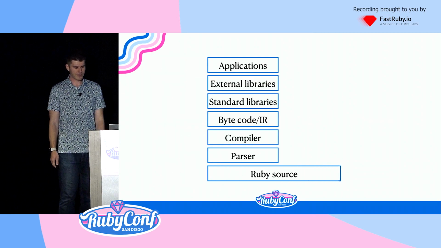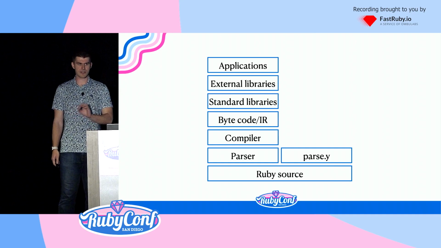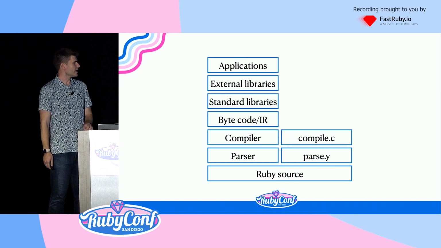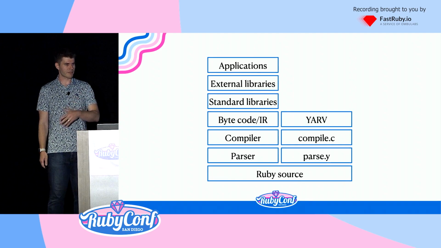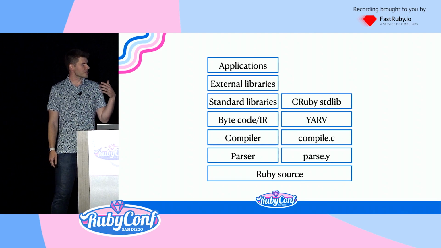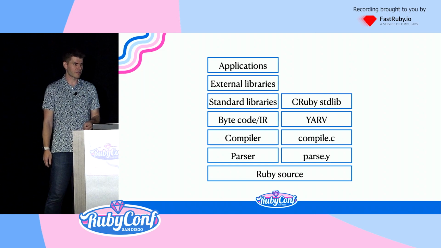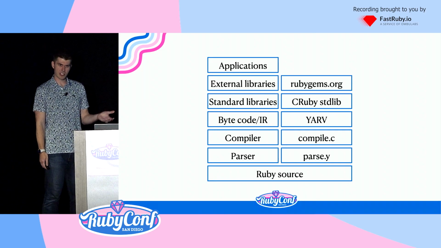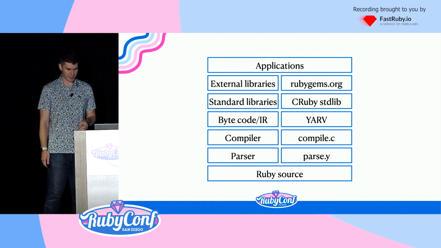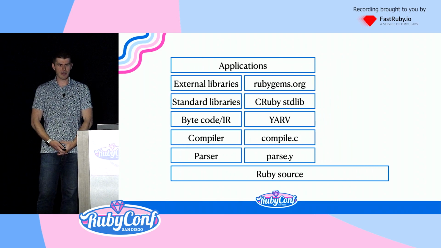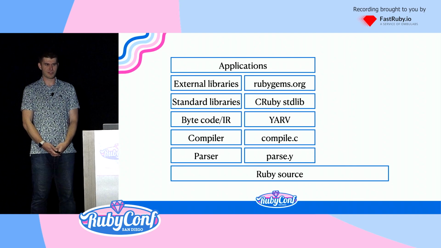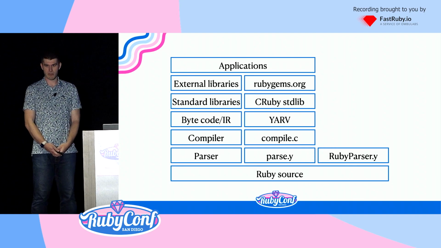OK, let's fill this in for CRuby. So parse.y is the current parser for CRuby. Then it passes through compile.c. This builds YARV instruction sequences, which fuel the standard library for CRuby, which powers the gems on RubyGems, which powers your applications. Great. So let's talk about this for other Ruby implementations. Let's talk about JRuby.